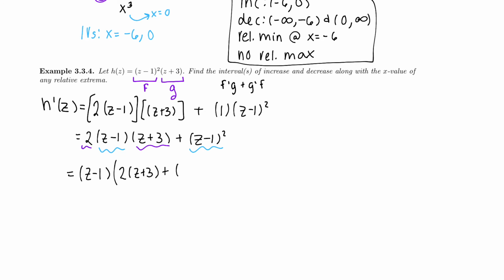And there would be 1 z minus 1 left over here. This is just being tricky with our factoring. So factoring out a z minus 1, you're left with 2z plus 3. Over here, if you took out one of the z minus 1s, you'd still have a z minus 1 left.